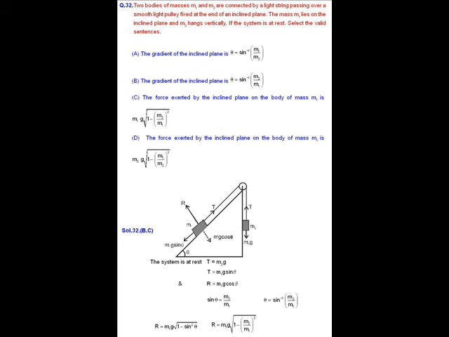So first of all, we know that in a pulley system, if a pulley is light, there is no inertia effect due to the pulley on the motion of the system, and tension will be the same if the string is light.